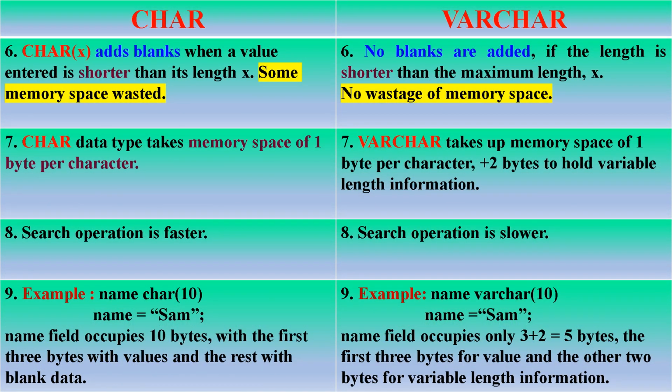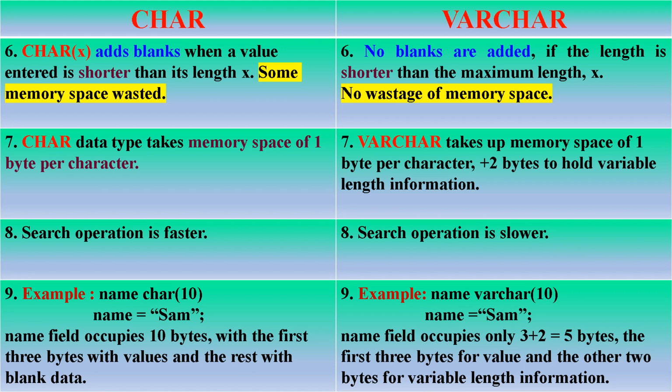Sixth point. CHAR of x adds blanks when a value entered is shorter than its length x. So some memory space is wasted. Whereas, in VARCHAR data type, no blanks are added if the length is shorter than the maximum length, x. No wastage of memory space.